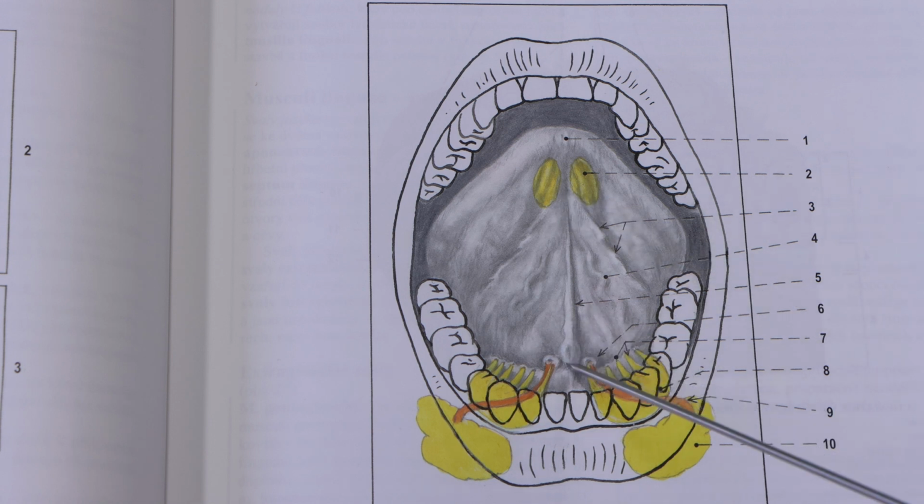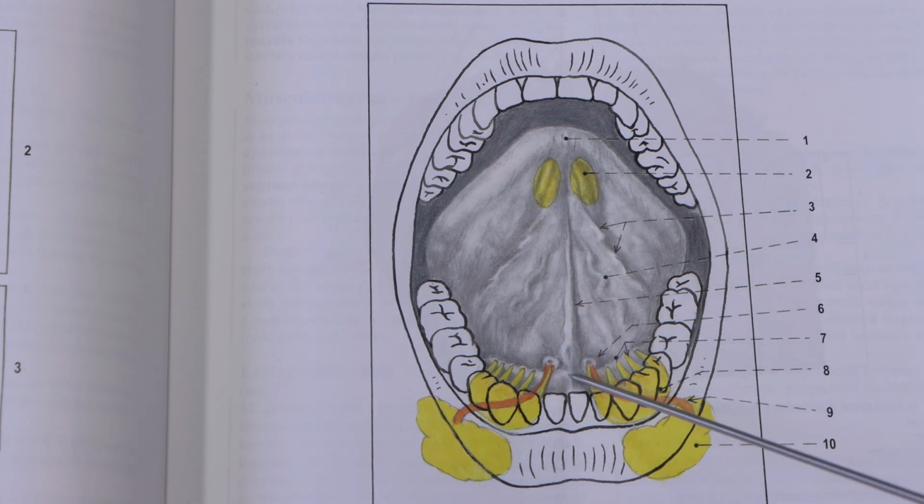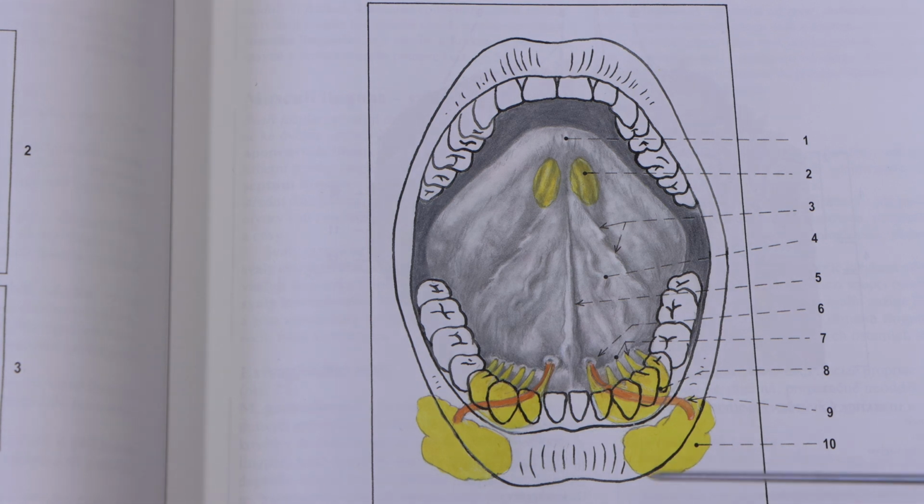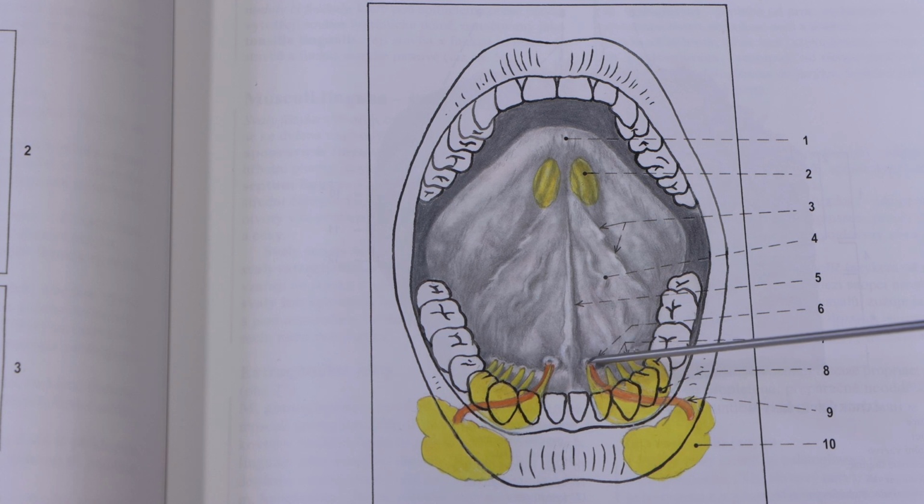So this frenulum that we said goes to the floor of the mouth, in this region, suddenly in the midline, there is a structure called the sublingual caruncle. The sublingual caruncle is the place where the submandibular duct and the major sublingual duct open.